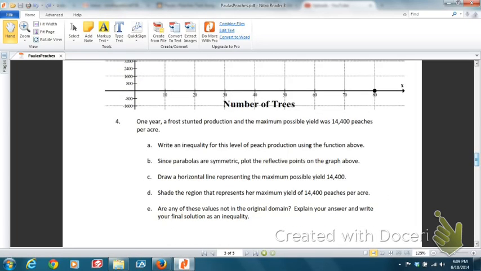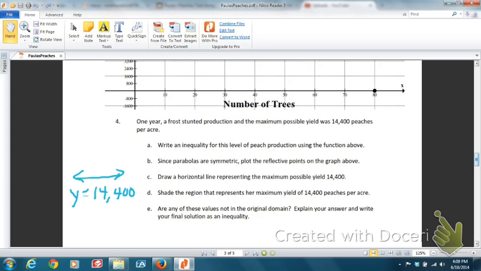For C, it says draw a horizontal line representing the maximum possible yield of 14,400. What this means is that the maximum yield of peaches would be 14,400, so you're looking to draw a horizontal line. Again, a horizontal line is one that looks like this, and it's the line y equals 14,400.